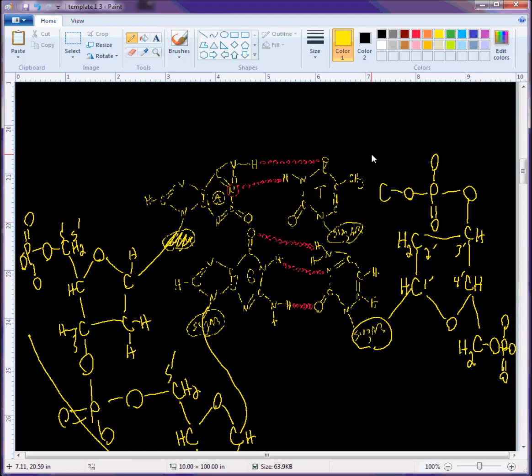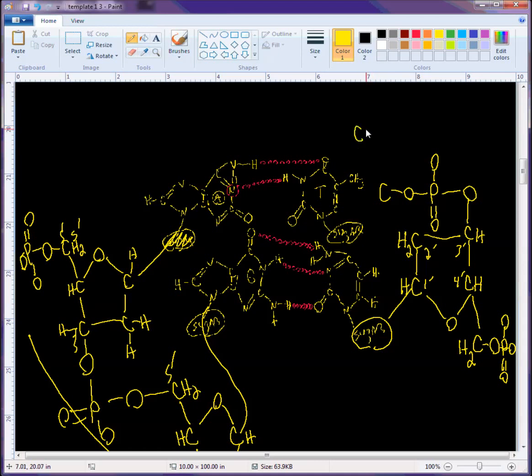Now, this is attached to the 5' carbon of this sugar right here. We're running out of space, so this is not how the carbons would be. This is how the atoms would be linked to one another, but not necessarily how they'd be spaced from one another. So what's the best way to do this?